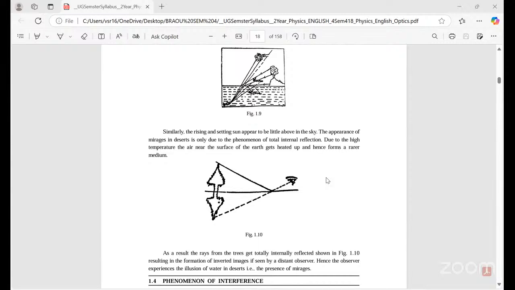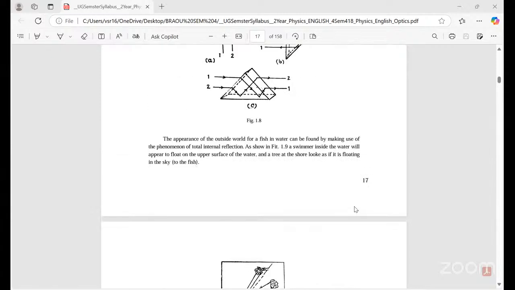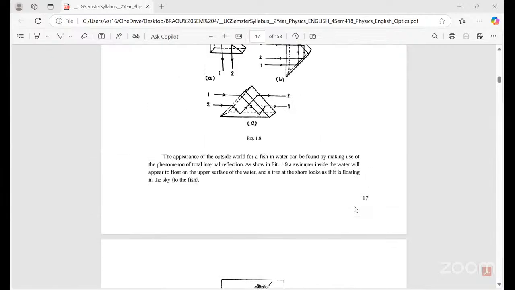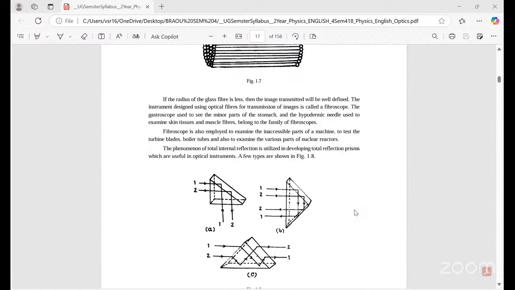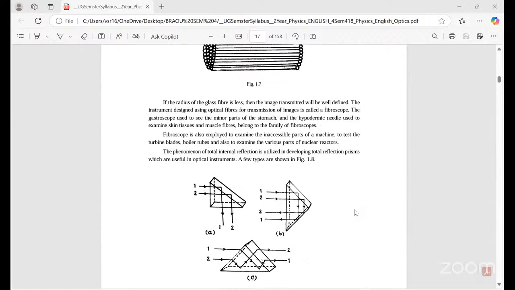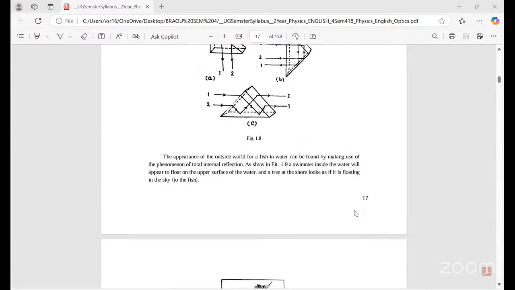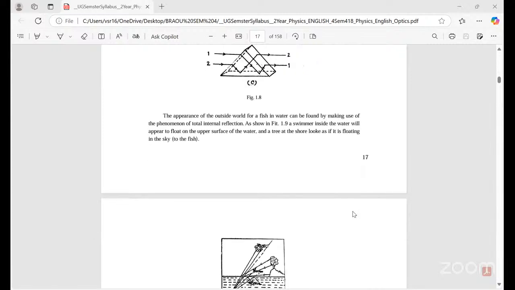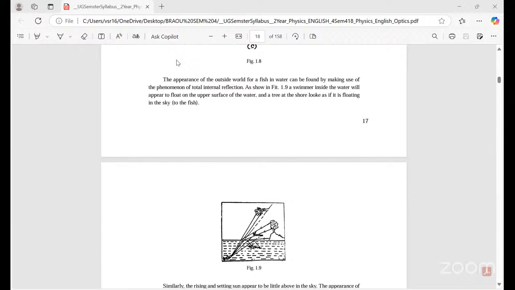In the other direction, you can also see the appearance of the outside world for a fish in water, which can be explained by the phenomenon of total internal reflection.